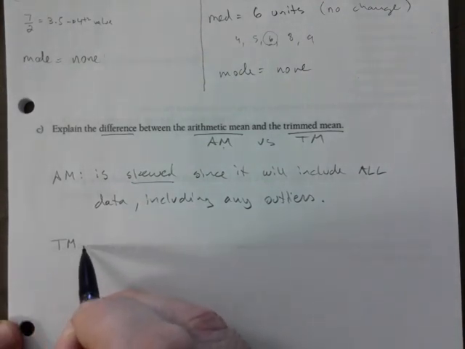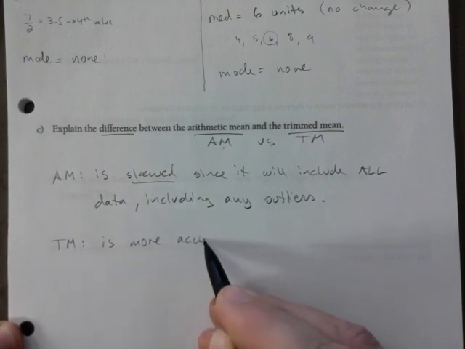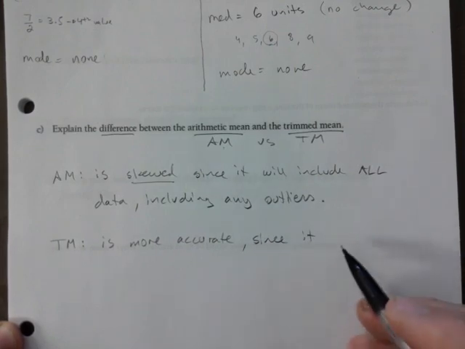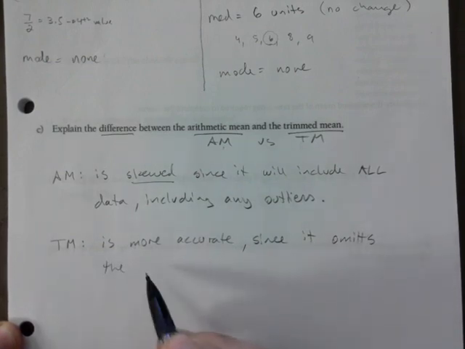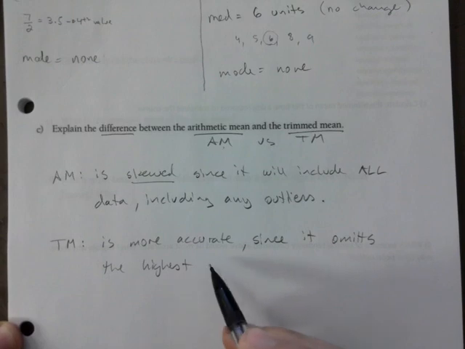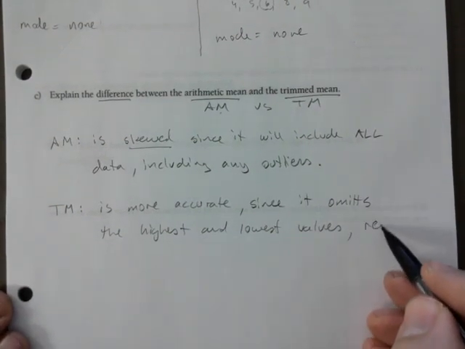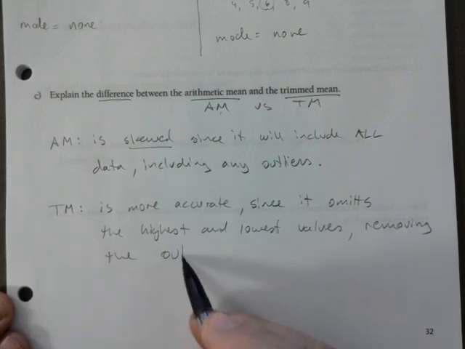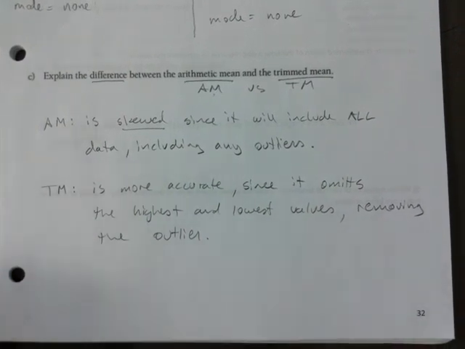Trimmed mean is more accurate since it omits the highest and lowest values, removing the outlier. There it is.